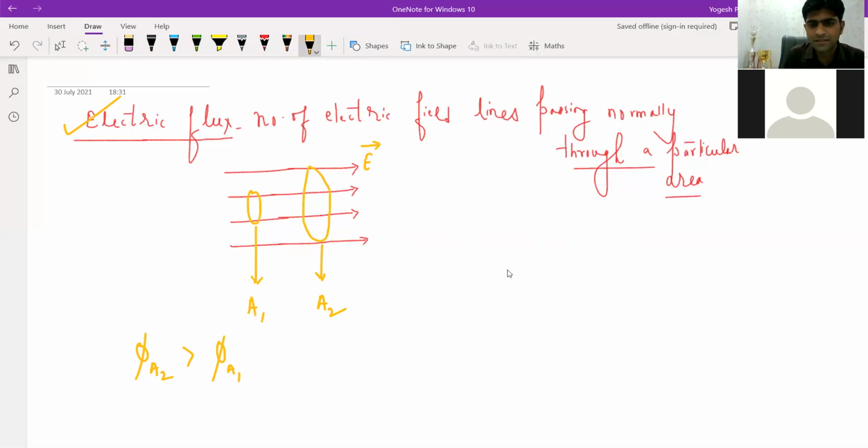Now if this is the area, I'll just draw it, or I will tilt it a bit more.